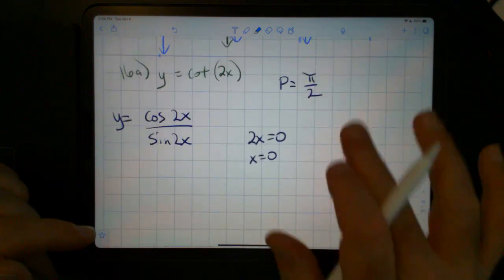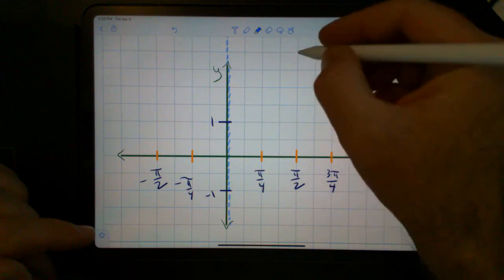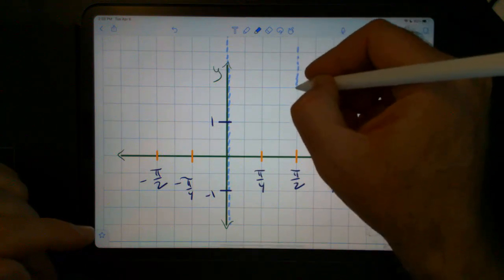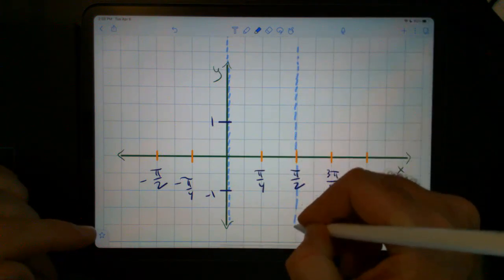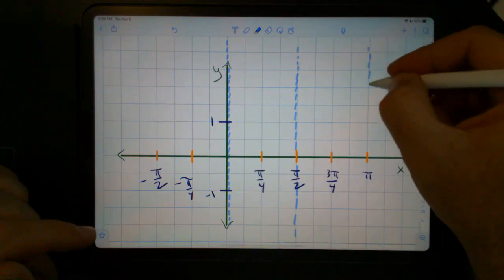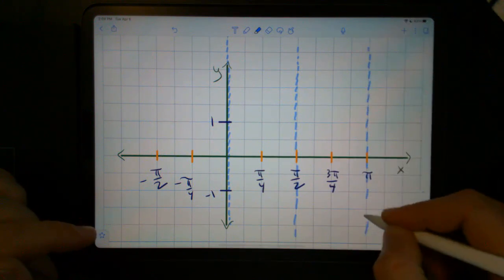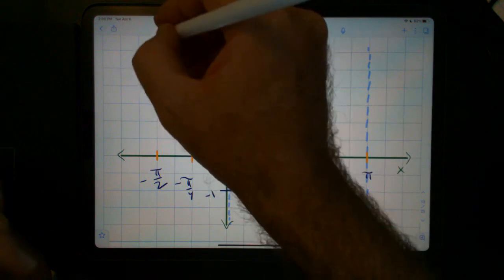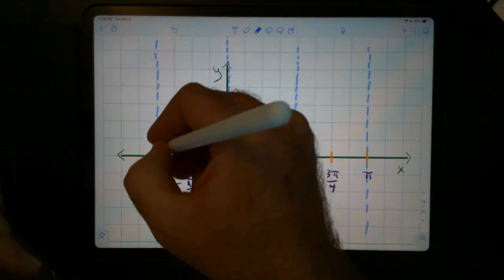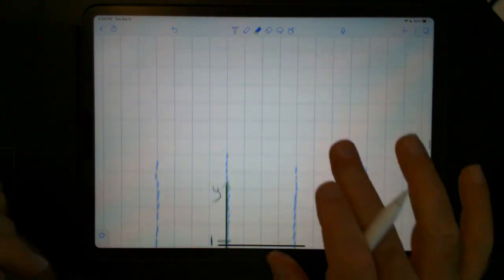And since our period is pi over 2, we will have an asymptote here. So there are the asymptotes.